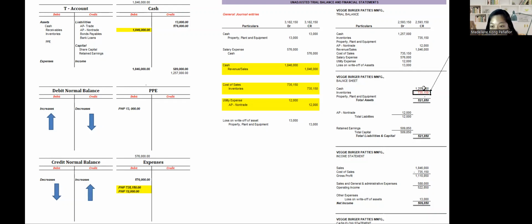So this is a questionable account, and we will go on further discussion on how to analyze our financial statement. But yeah, let's see first. So there are zero debits for inventory, and instead of having a debit balance, which is supposed to be the normal accounting balance of inventory, we got a credit, so this would be negative. So the result is 735.